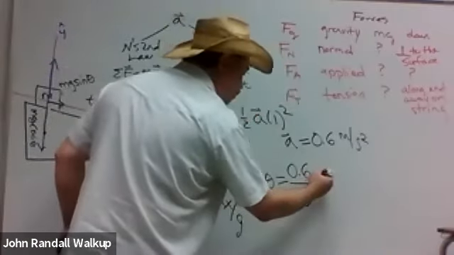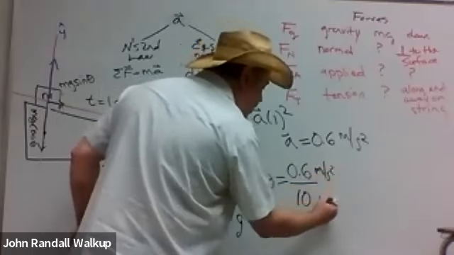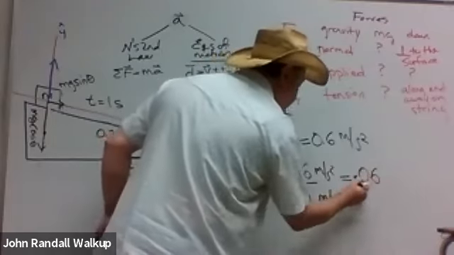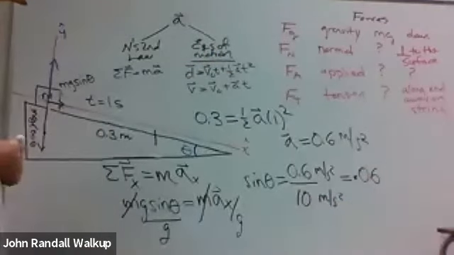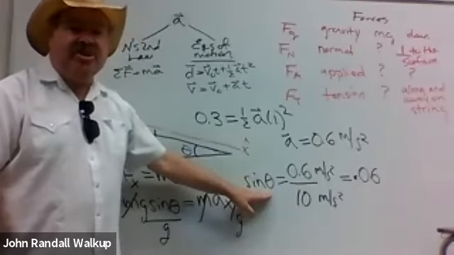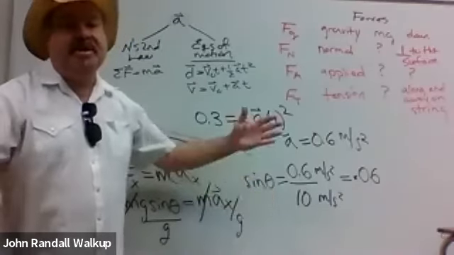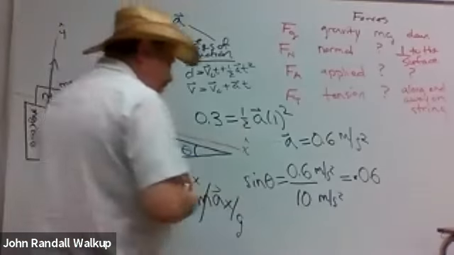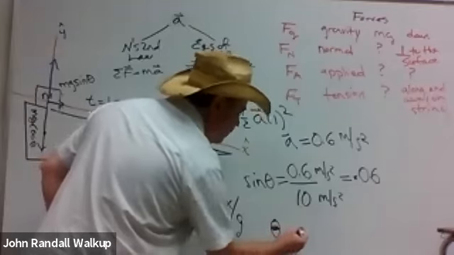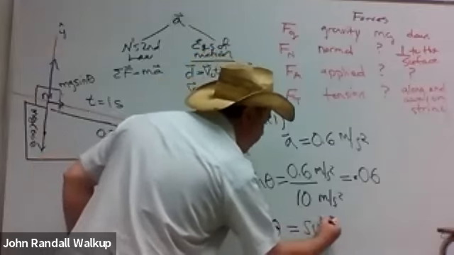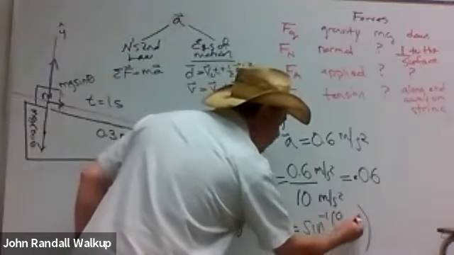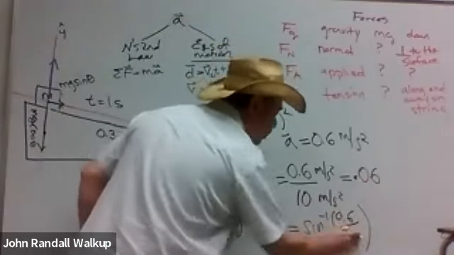This is 0.06 meters per second squared. This is 10 meters per second squared. And I get 0.06. All I have to do is take the inverse sine of both sides, the arc sine, and I'm done. So theta is equal to the arc sine of 0.06.